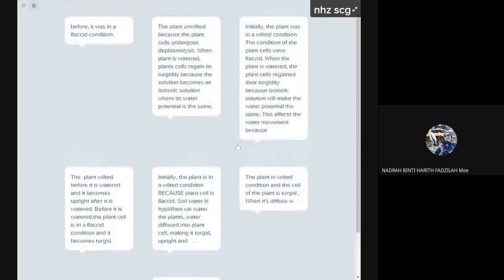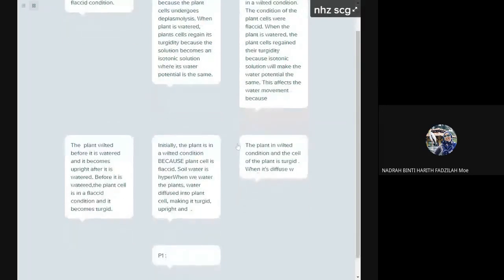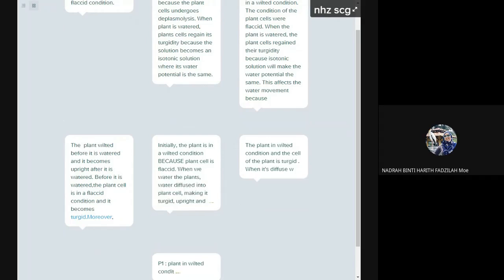Okay, so initially plant dalam keadaan wilted condition. In a wilted condition, point number 2, plant cell is flaccid. Point number 3, saya nak include apa yang Adrina tanya. When the plant is watered, soil water is hypotonic compared to the plant root cell.